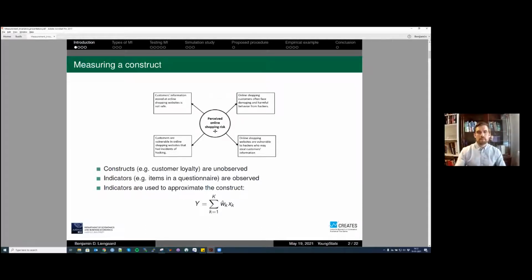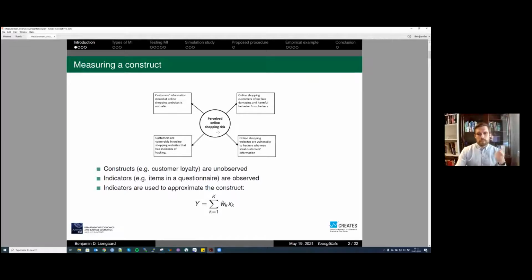Normally, we would have several constructs in the model, and we could estimate path coefficients between these different constructs. This is not the focus of this paper. The focus of this paper is the relation between the measured indicators and the unobserved latent variable.